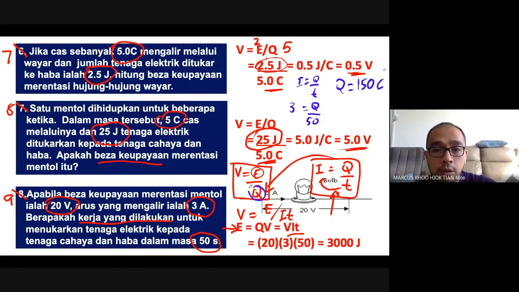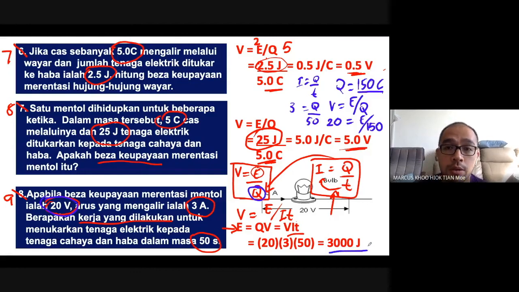Then I put the Q over here. So V equals E over Q. My V is 20 volts. 20 equals E over the Q I already calculated, which is 150. And that's where you get 3000 joules.